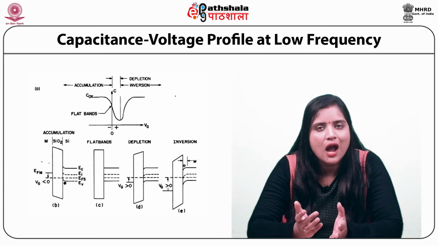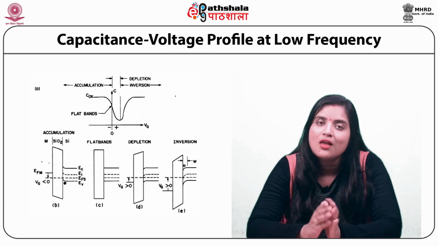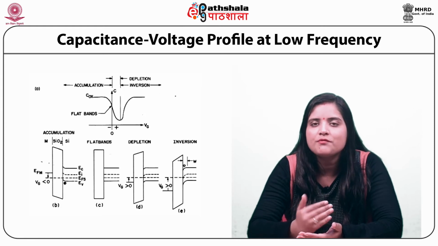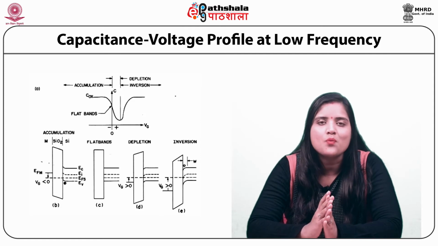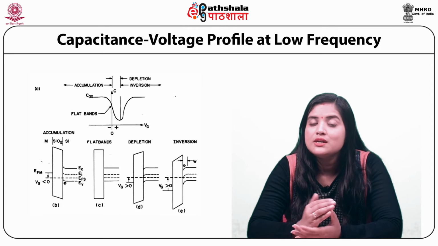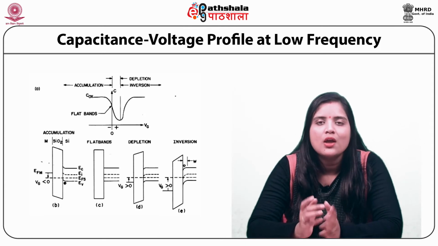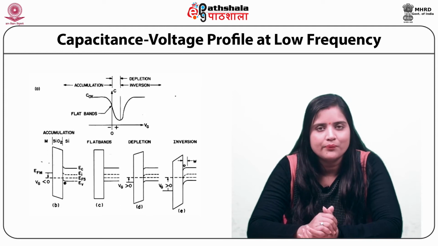On the other hand, for less negative gate bias voltages, the hole charge density at the silicon surface decreases, which leads to a smaller value of Cs. Flat band point is a point at which gate biasing eventually becomes equivalent to zero.